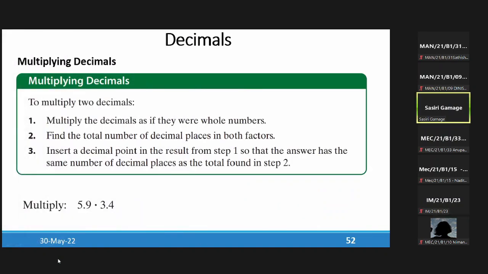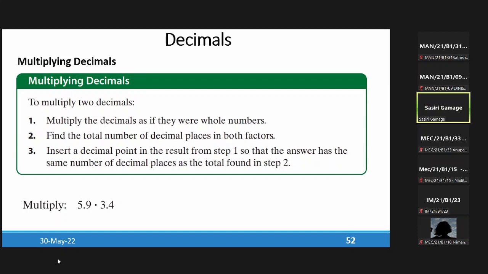Okay, this is what we have to start today. It's about multiplying decimals. To multiply two decimals, we have to follow these steps. First, multiply the decimals as if they were whole numbers. First, we can think of it as a whole number, and we can forget the decimal place.